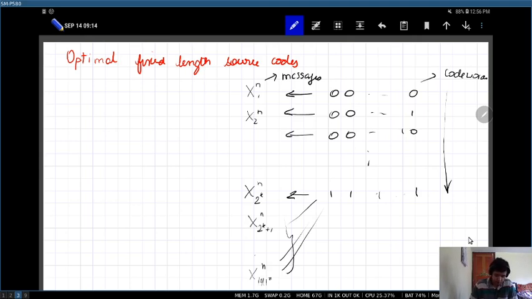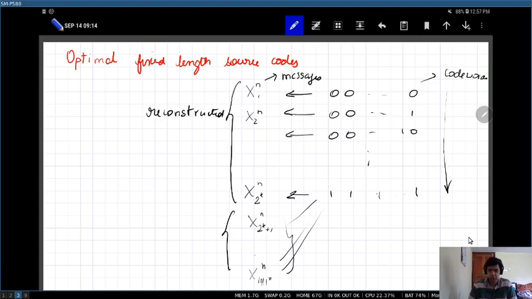Okay. So these are going to be the set of reconstructible messages, in the sense that the decompressor, sometimes called the decoder, will output one of these messages upon observing these sequences, but these are sequences which will never be outputted by the decoder.